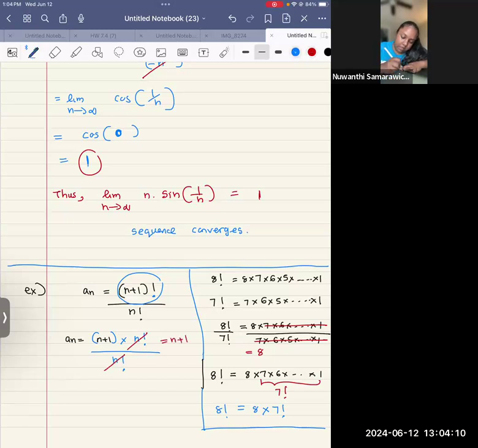Now take the limit. When n goes to infinity, what is the value of this?